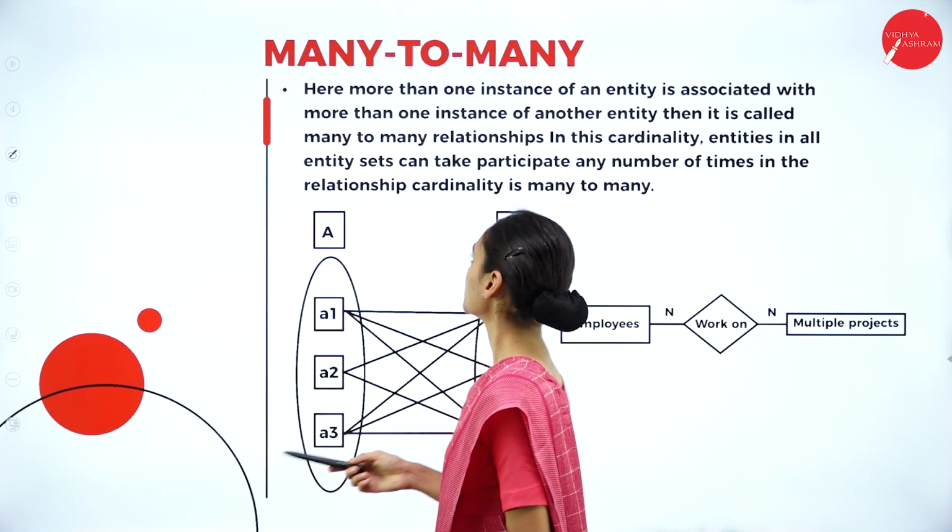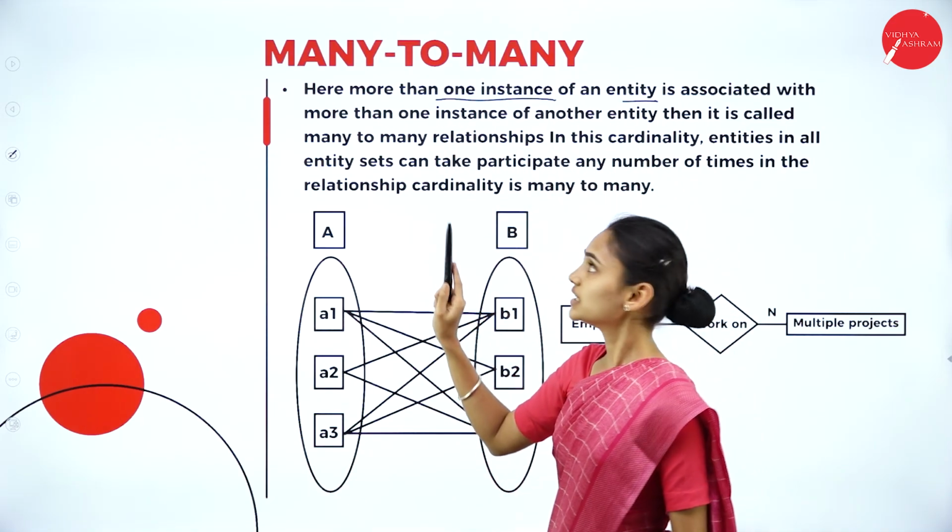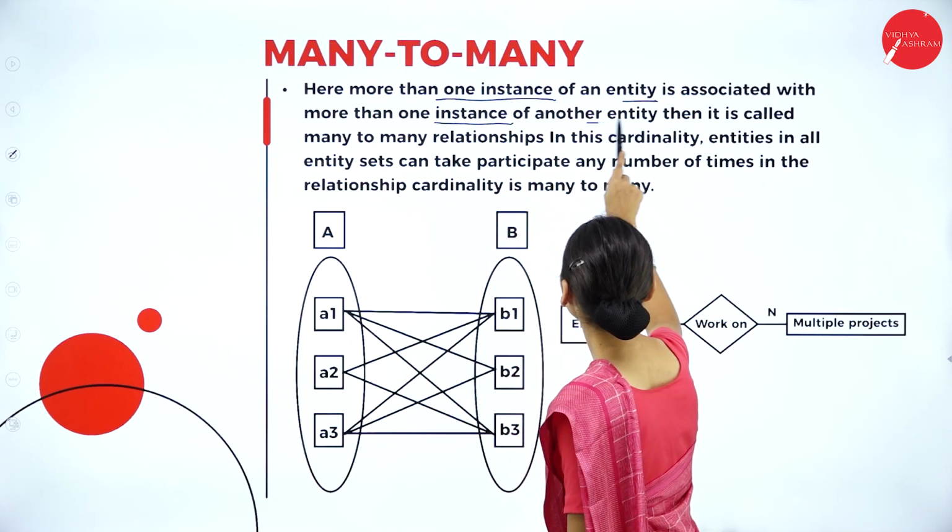Next is many to many. Here more than one instance of an entity is associated with more than one instance of the other entity.